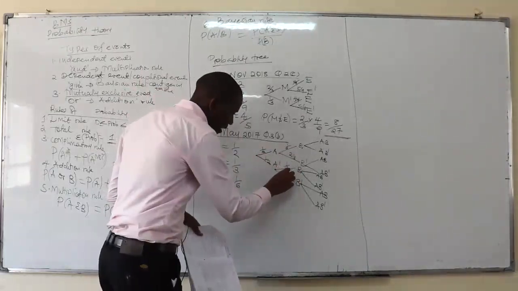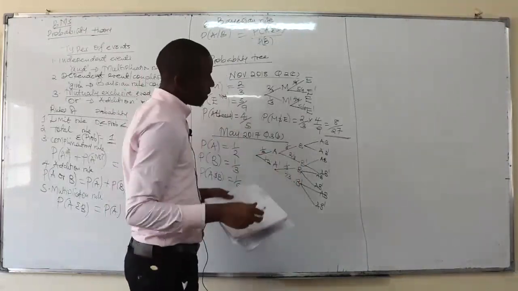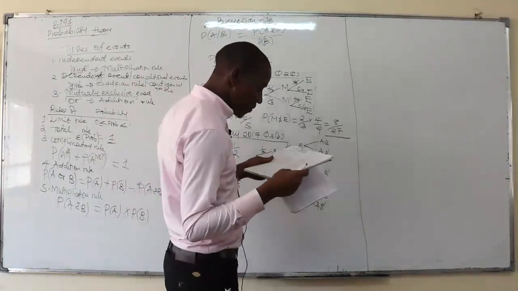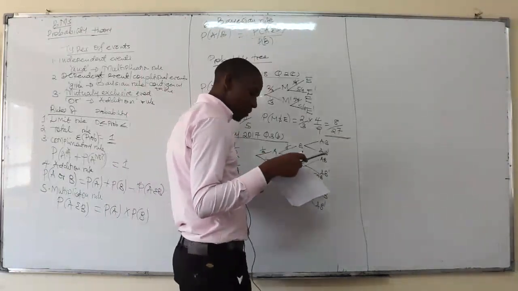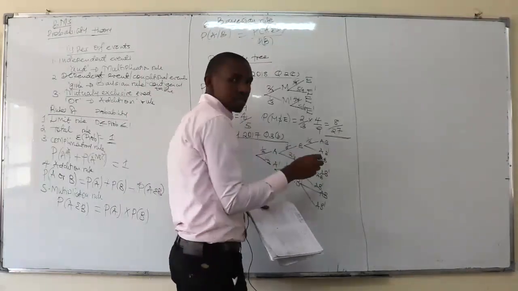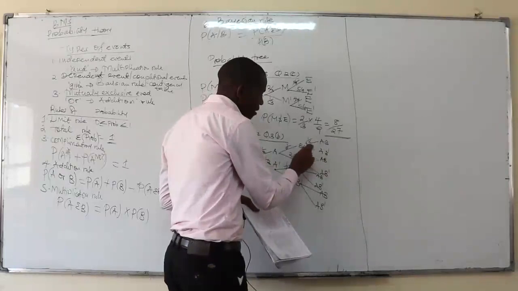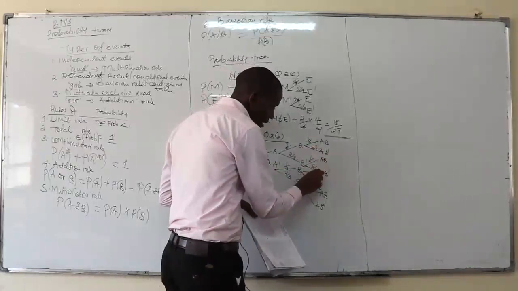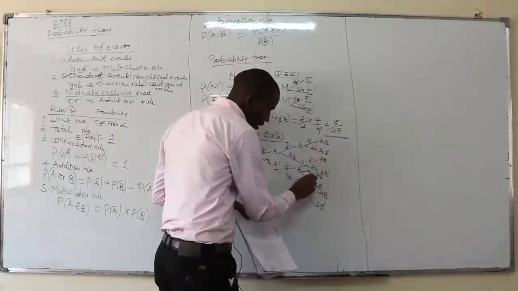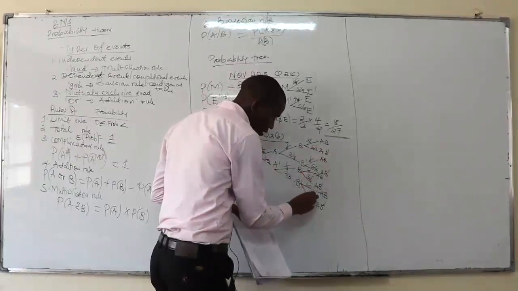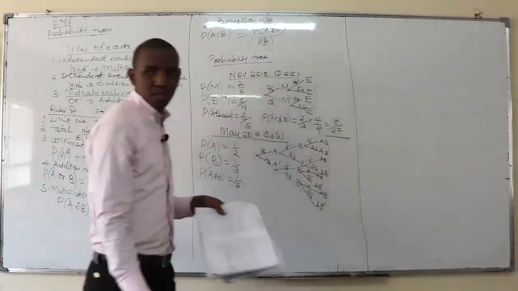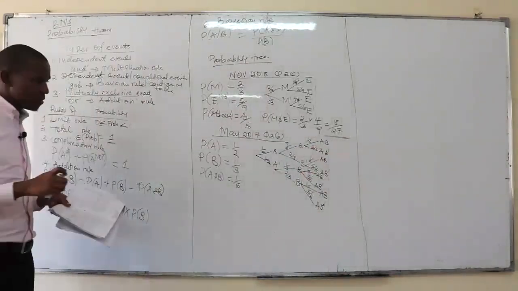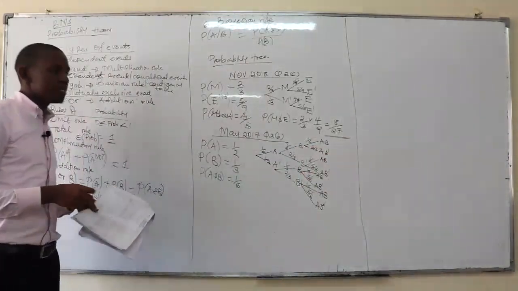Then for the tie, we have 1 over 6, so not having a tie is 5 over 6. Now, this is the probability tree.